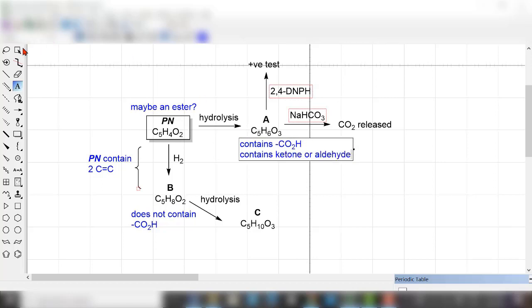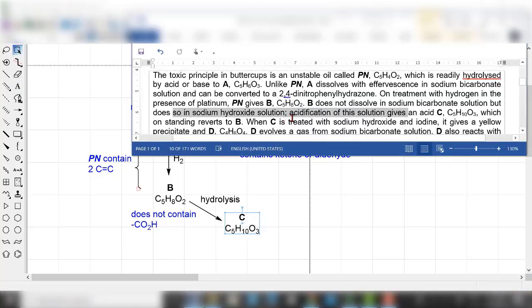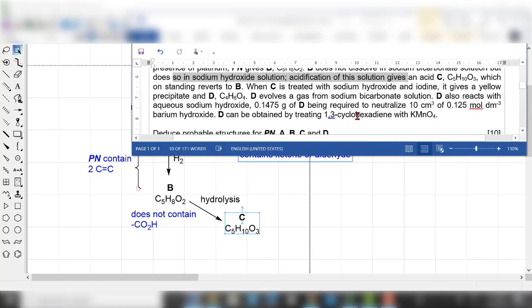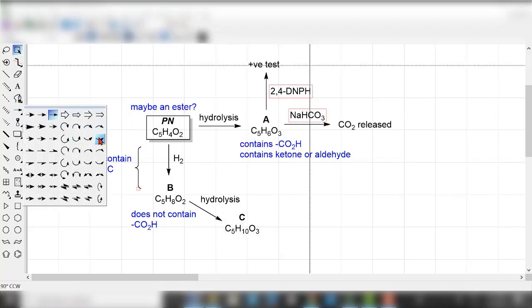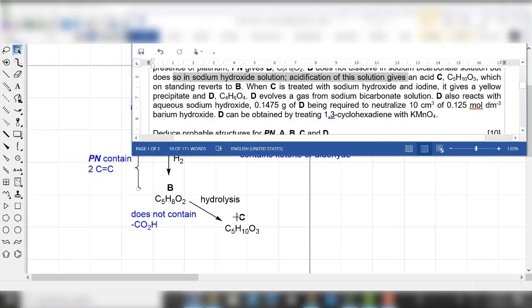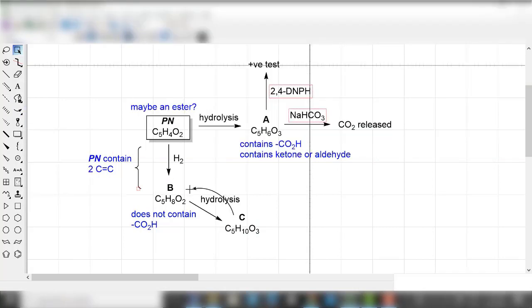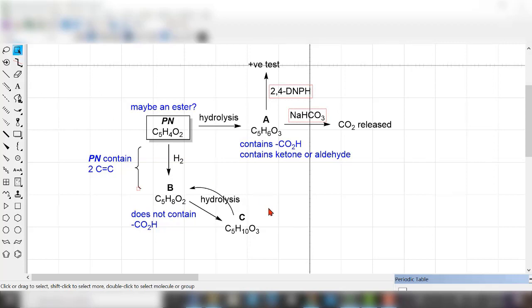Okay, now I will just move on to the question. Which on standing reverts back to B. This is pretty interesting. So I'm just going to draw it like this, and then I'm going to shift this down.